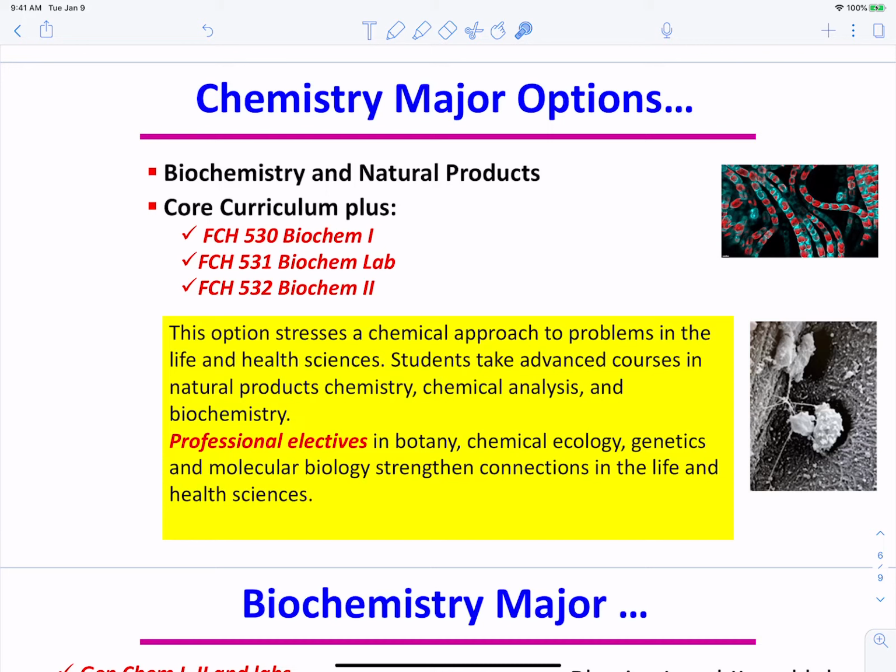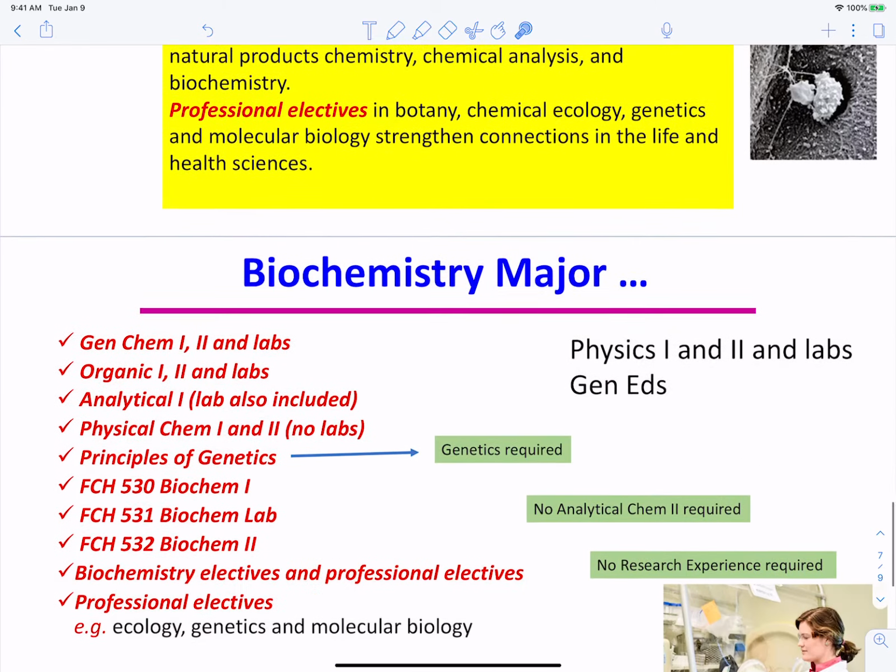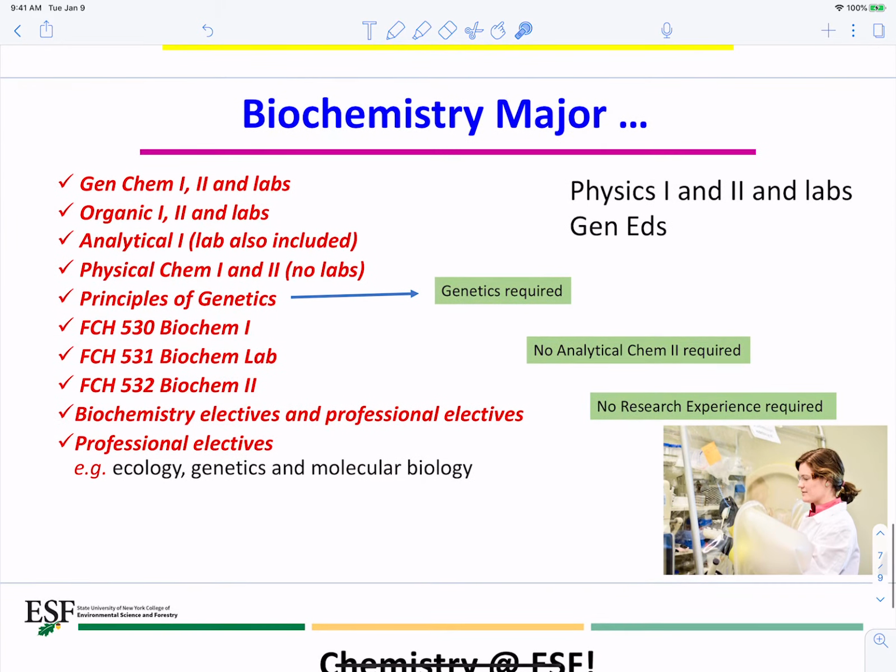Now, if for some reason you wanted to stay in chemistry but take 3 biochemistry courses, then you could do this. Interestingly enough, the vast majority of students who are interested in biochemistry would be enrolled in a biochemistry major. And so that's what we're going to talk about now, the biochemistry major.